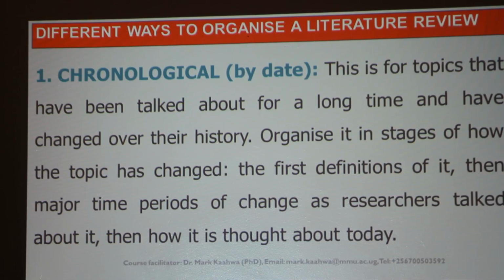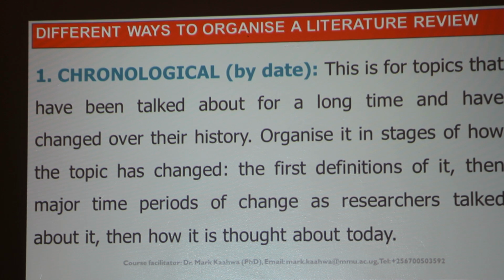If now, for example, you are looking at a different issue, let me say climate change, you will still organize it following those dates. For example, in 1980, what were the issues of climate change?